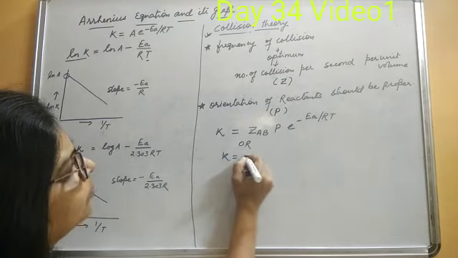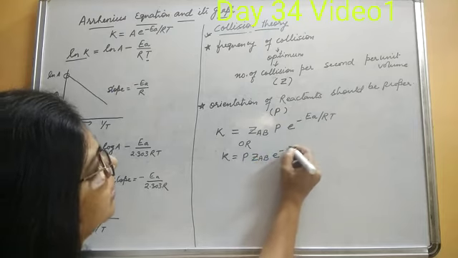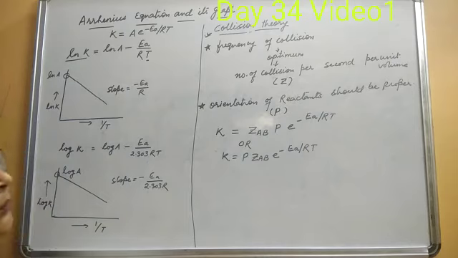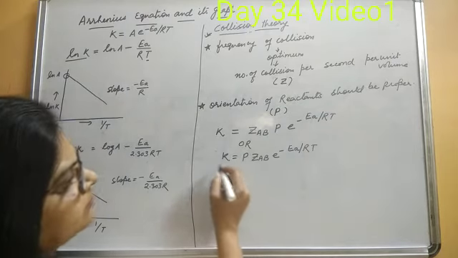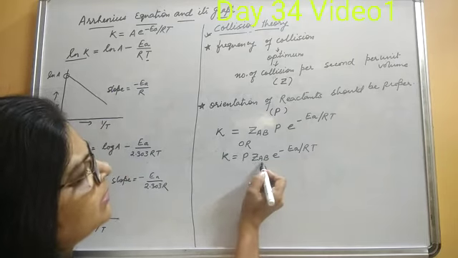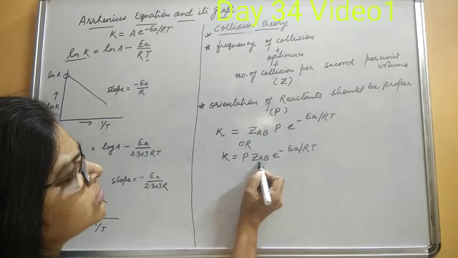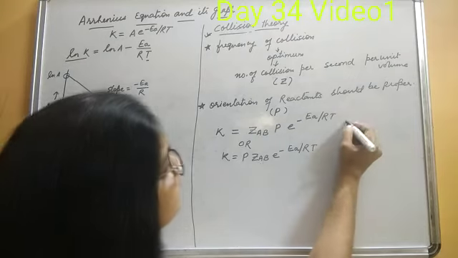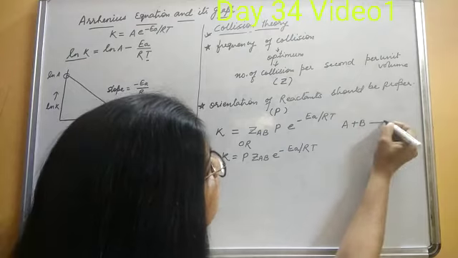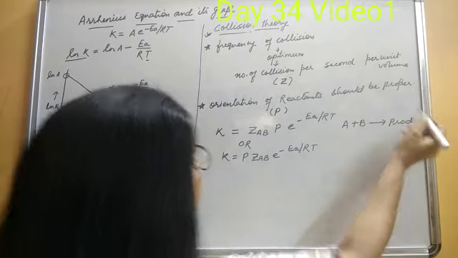Here P is the proper orientation factor, and Z_AB is the collision frequency of the reactant molecules A and B. That is, if the reaction is A plus B, they are colliding together to form product.